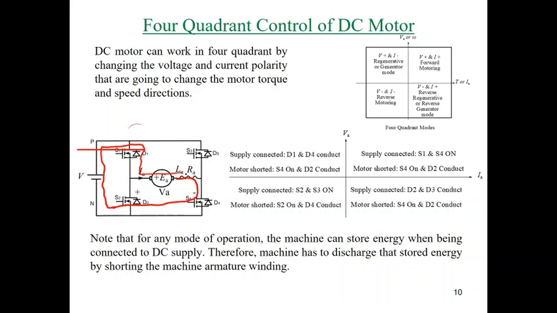If we need to control this regenerative braking, what we can do is turn on switch S4. Turning on switch S4 will allow the current to move in the same direction. D1, D4, S4 and D2.